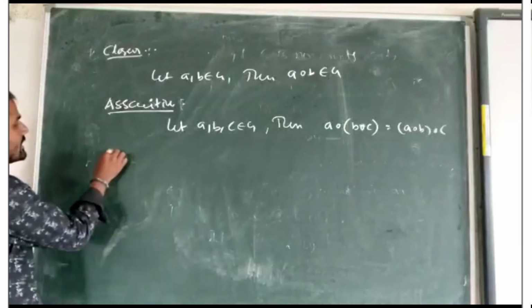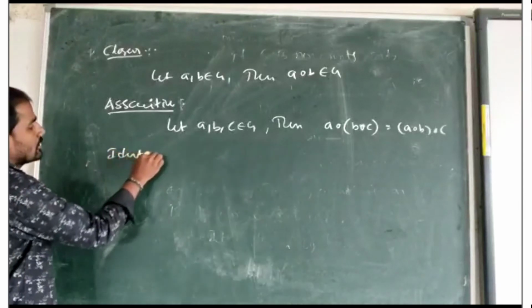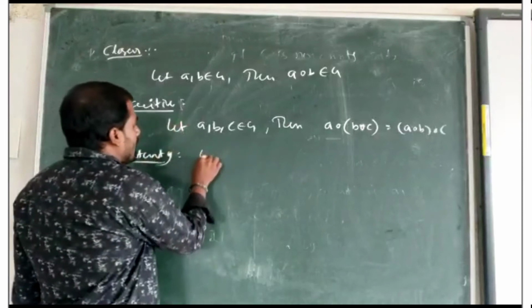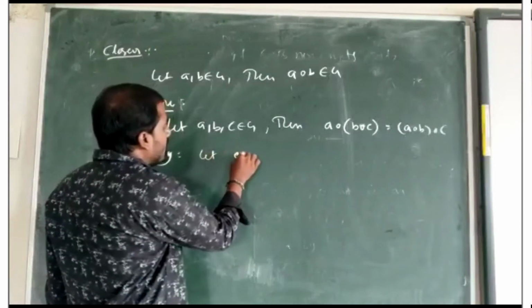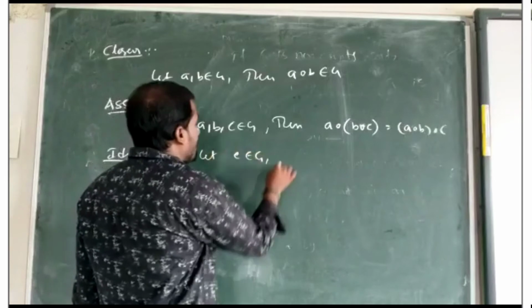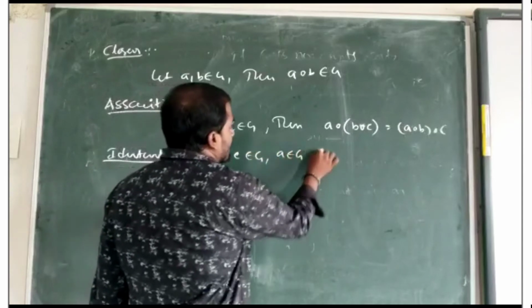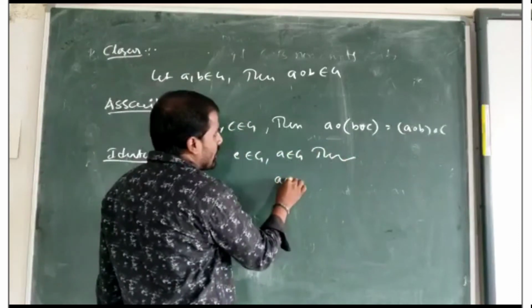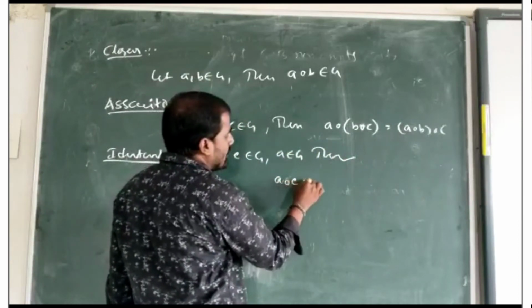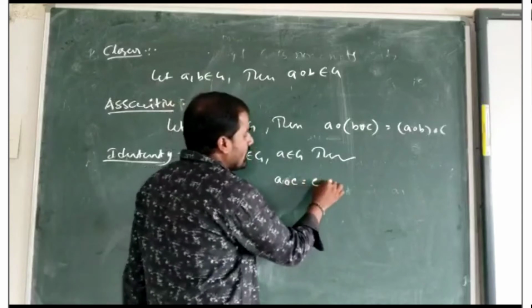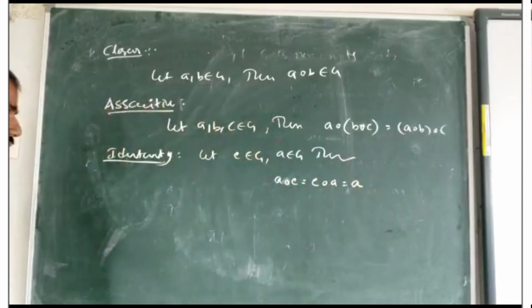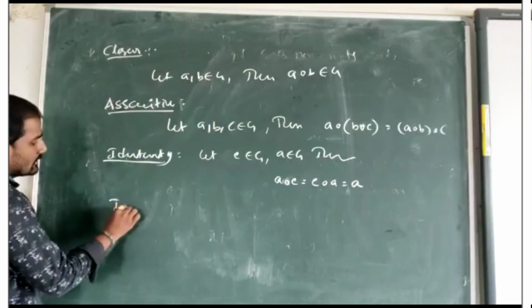Next one is identity. Let e belong to G and a belong to G. Then a operator e equals e operator a equals a. Next one is inverse.